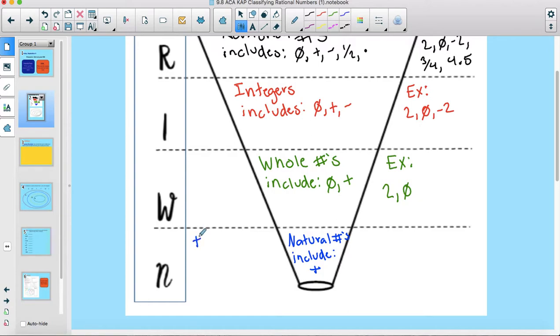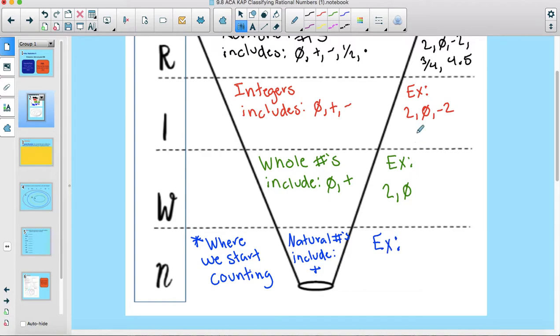So go ahead and make a note over here that these are our counting numbers. So typically when you start counting, you count from 1, 2, 3, 4, 5, and so on. You don't typically start counting from 0, so natural numbers only include all of the positive numbers.